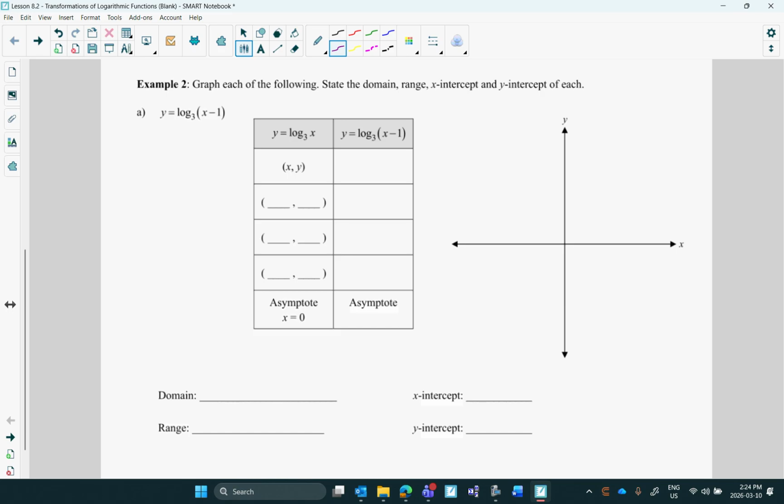Shift. I'm going to move it one to the right. But to get the log base 3 function, do this first.